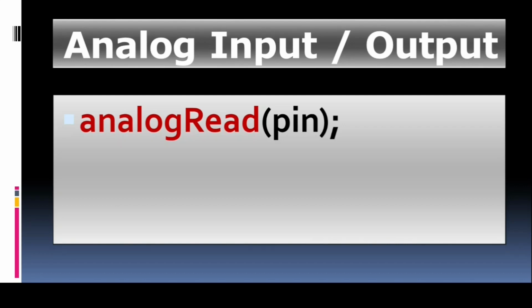Other pins are not applicable for this function, but digital functions we can perform on the analog pins. As I told you in the Arduino Uno board video, Arduino has a 10-bit ADC, so the maximum value is 2 raised to the power 10, which is equal to 1024. As you apply voltage on a particular analog pin, it will give you a value.